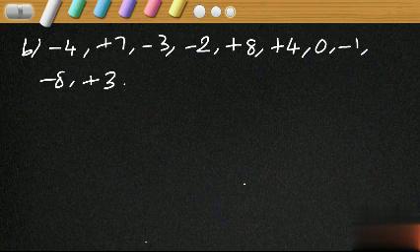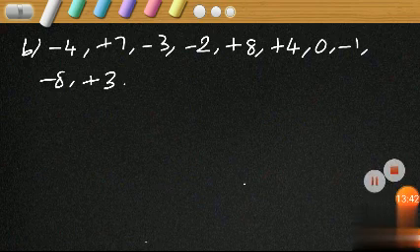These are the given integers. These have to be written in the ascending order and descending order using a number line. So for that, what do we have to do?